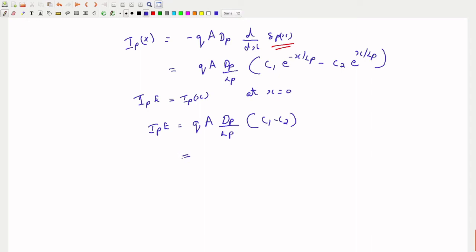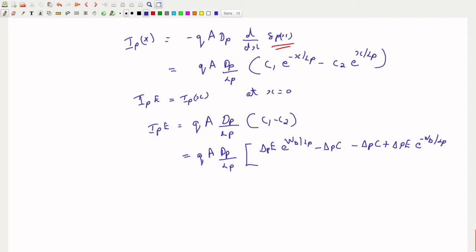We already know C1 and C2. Substituting those two terms here, we'll get QA dP by LP, C1 is, as you know, delta PE e raised to WB by LP minus delta PC, and C2 is delta PC plus delta PE e raised to minus WB by LP.